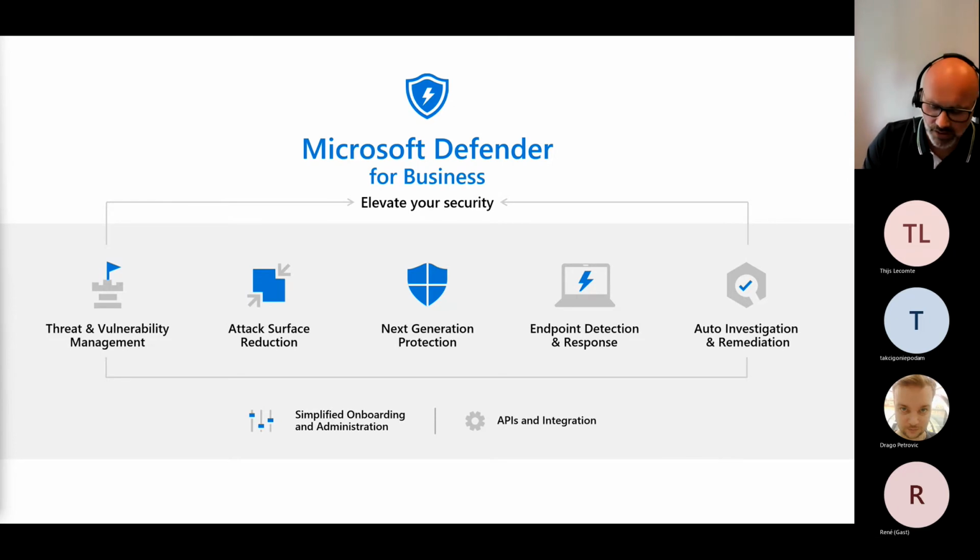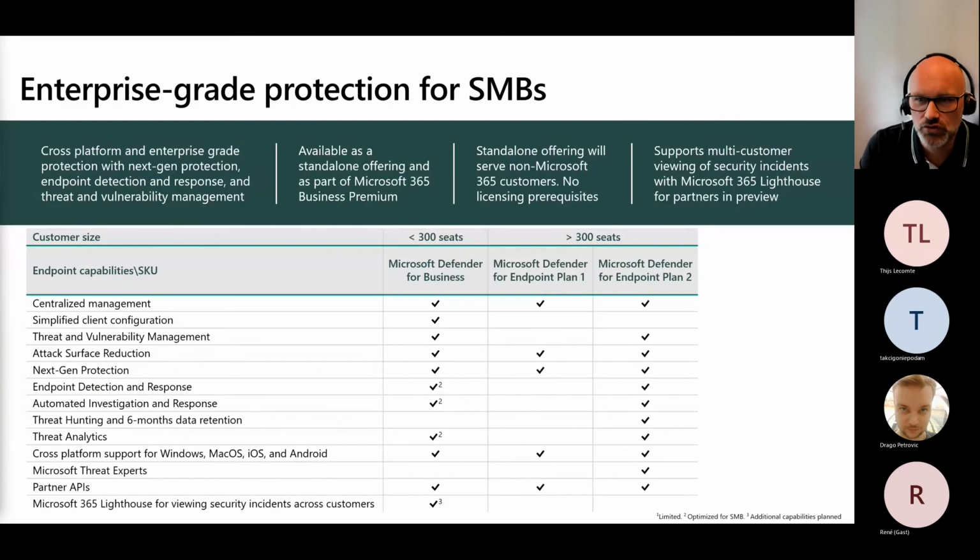So if we try and drill into a little of this to show you the differences in terms of where this puts us in comparison to the integrated protection that Microsoft is delivering to the enterprises. When we compare the Defender for Business against Defender for Endpoint Plan 1 and Plan 2, we see on the left side in our pane here, we have a lot of the features that are actually available in Plan 2 here.